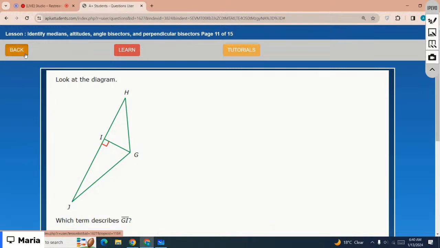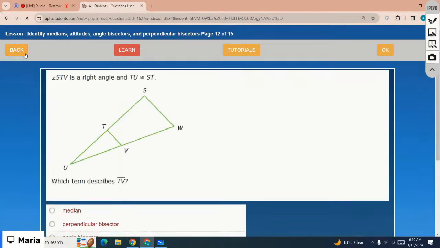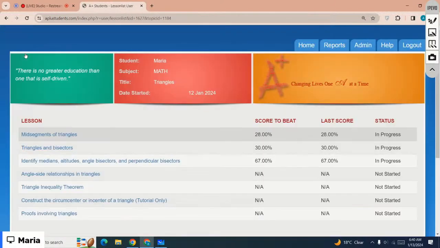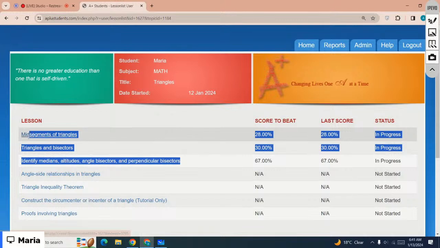Okay, you can complete the lesson by yourself later today. So we were working on grade 10 math. The chapter we're working on is triangles, and the lessons we have covered today are midsegments of triangles, triangle bisectors, and the one we have just finished is identify medians, altitudes, bisectors and perpendicular bisectors, right?